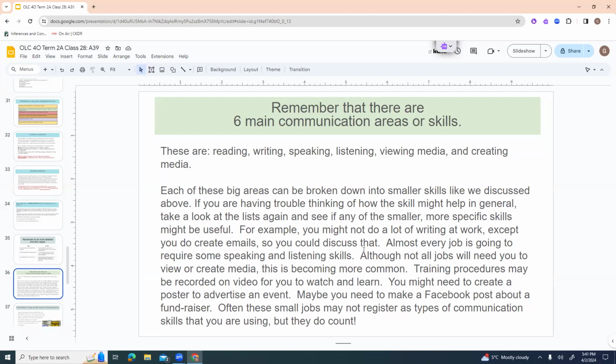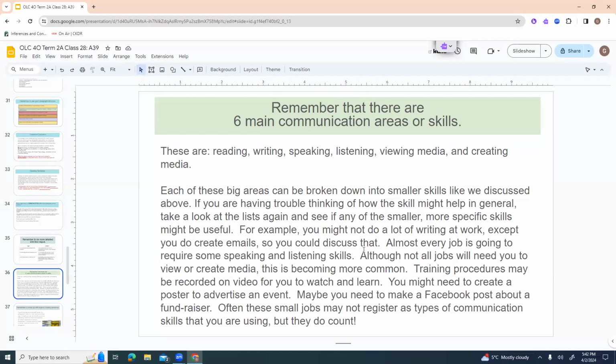Although not all jobs will need you to view or create media, this is becoming more common, right? Some workplaces may have all their training manuals as videos, and so you're going to have to view the media to understand your job training. You might also need to create a poster to advertise an event or make a Facebook post about a fundraiser.